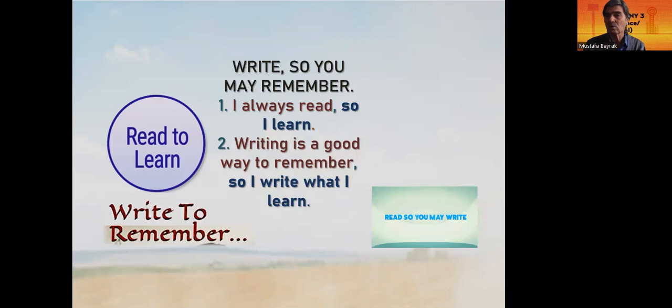This is a law. Writing is also another law, another principle. Writing is a good way to remember, so I write what I learn. Writing is the cause, and remembering what we have learned is the result.